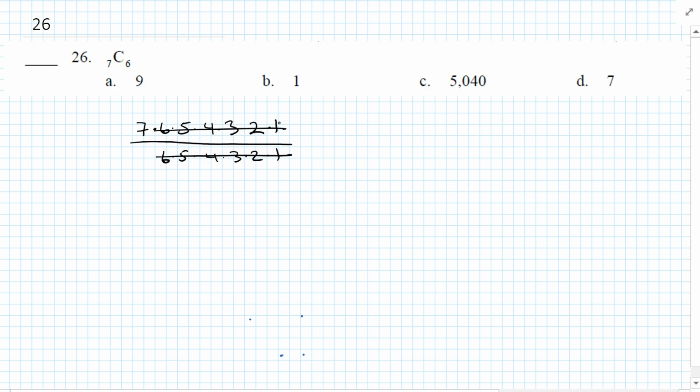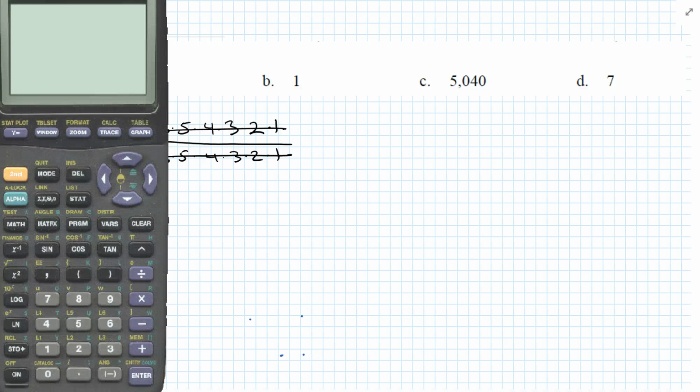So the answer should be 7. So let's do that on our handy dandy calculator really quick. So I've got 7 combination 6 equals 7.